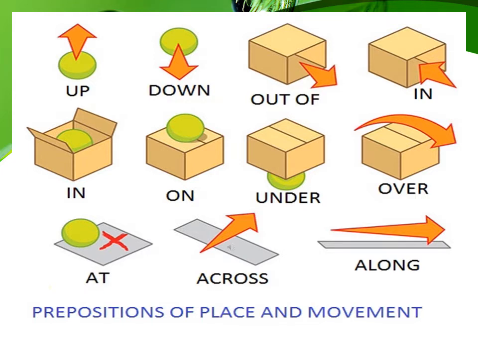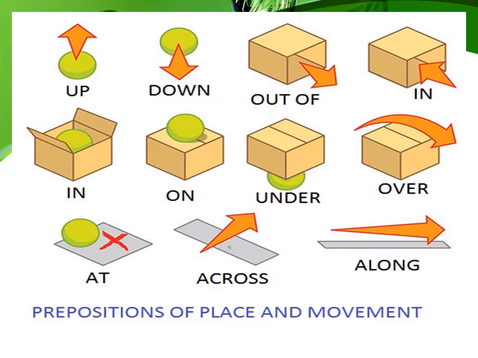Okay, on. Under. Over. Over is close to on; the difference between them is that there is a space between the object and the air. Okay, so over. At, across, along. Okay, so these are some basic prepositions that you need to know when you determine the place of something.